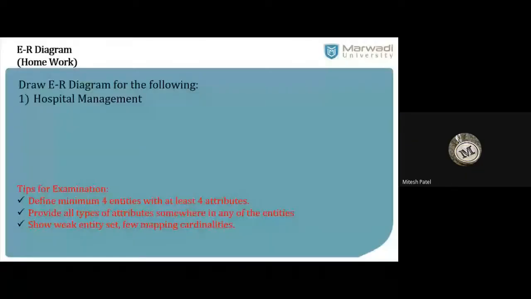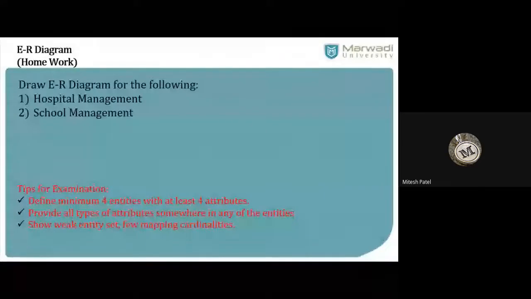And I have displayed it. Keep this thing in your mind: minimum take four entities and at least take minimum four attributes, and all types of attributes should be covered in the entire ER diagram, right?